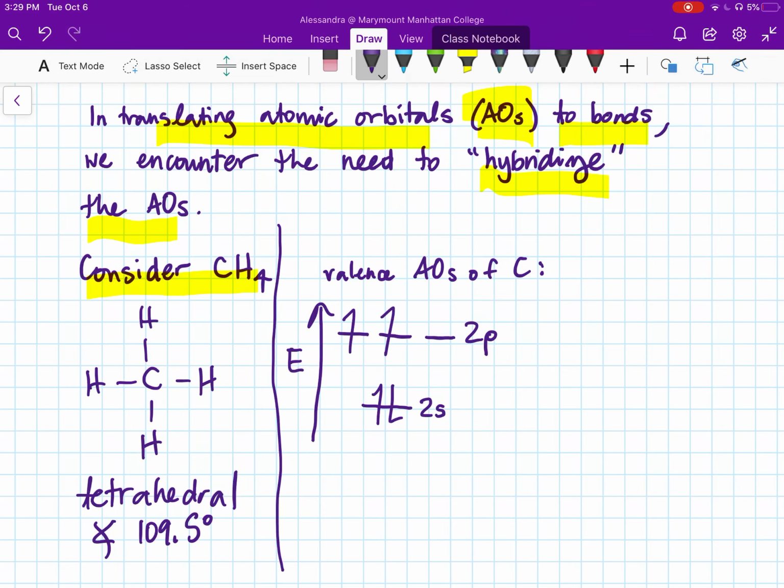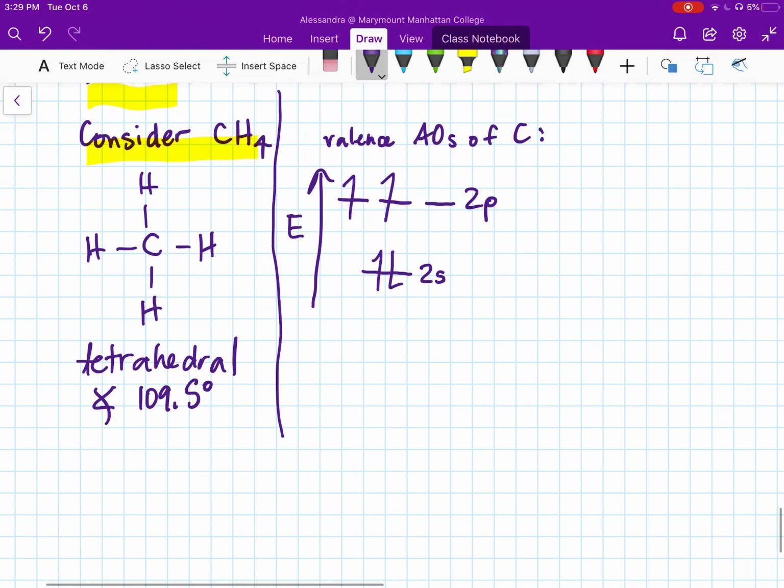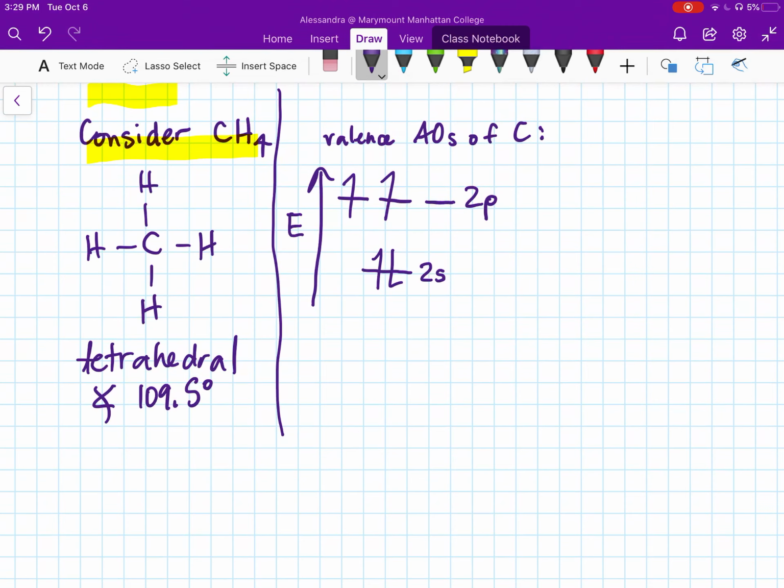So let's draw what those valence orbitals look like around carbon. So here's my carbon atom. We know that the 2s orbital is going to be spherical, so I'm going to draw my spherical 2s orbital. And then I'm going to have my three 2p orbitals. So here's, I guess this would be 2py.